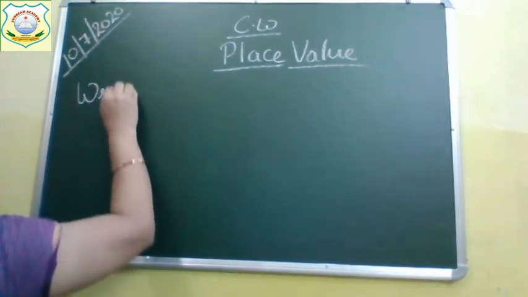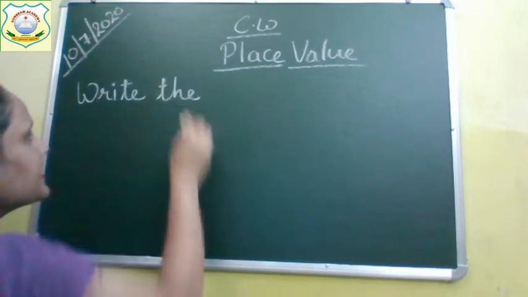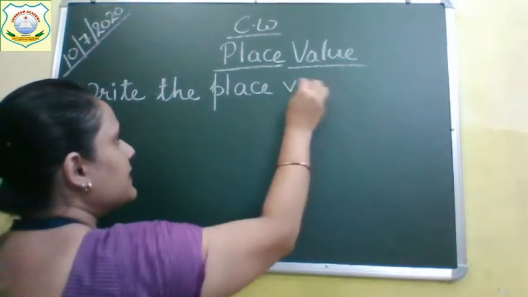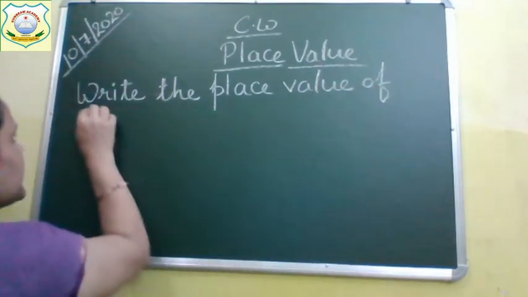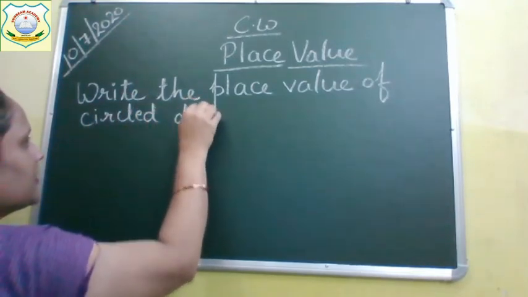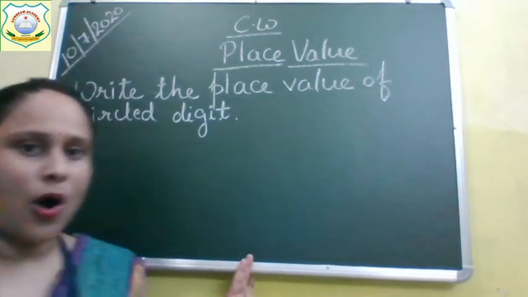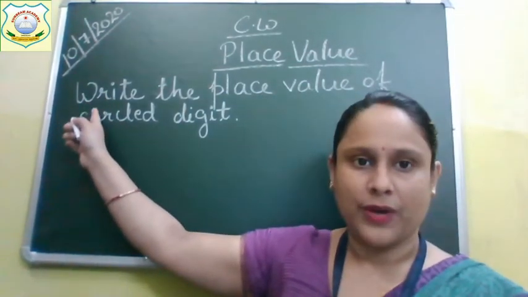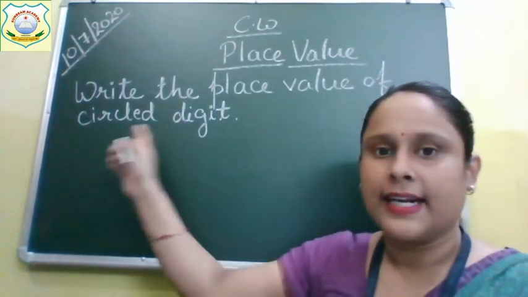Write the place value of circle digit. What we have to write? Place value of circle digit. Okay? So the question is saying that we have to write the place value of circle digit.